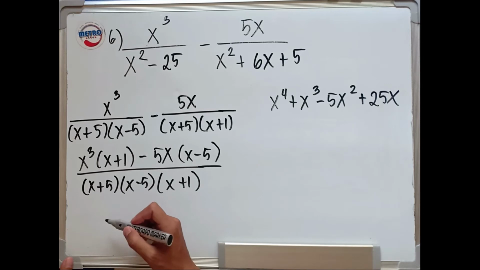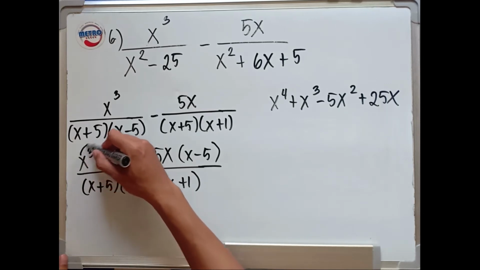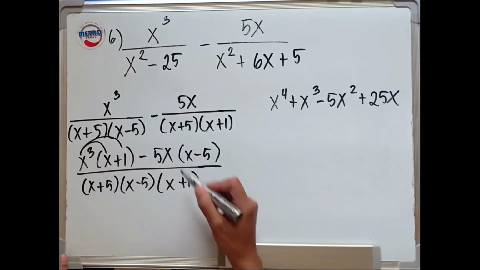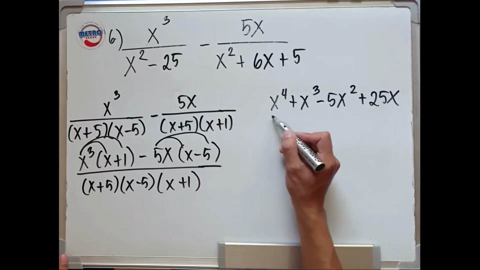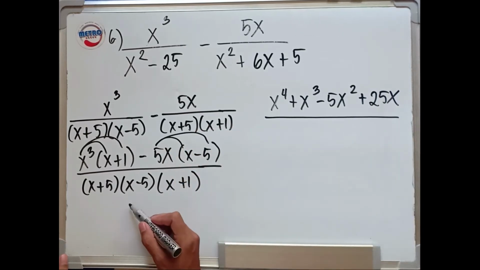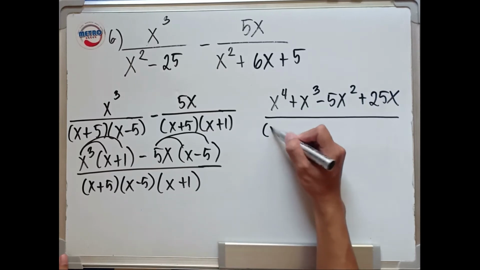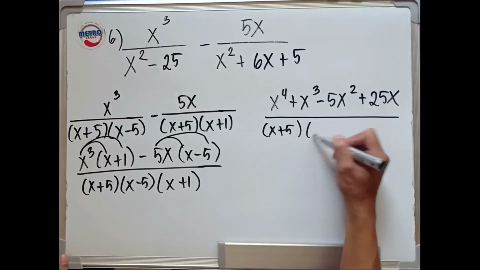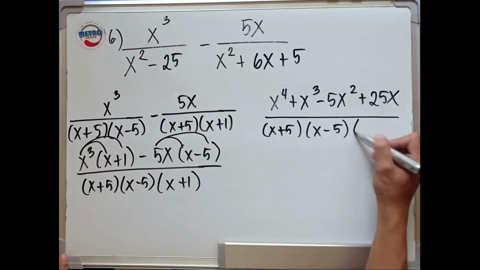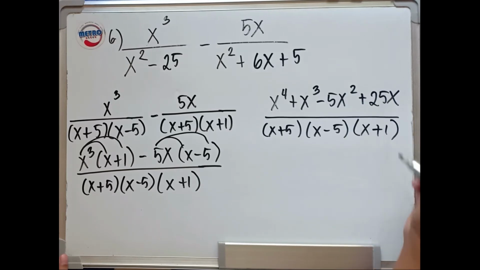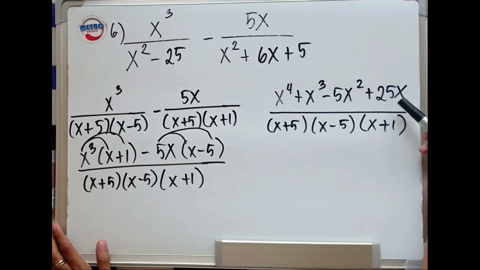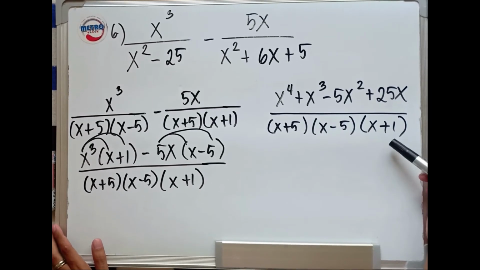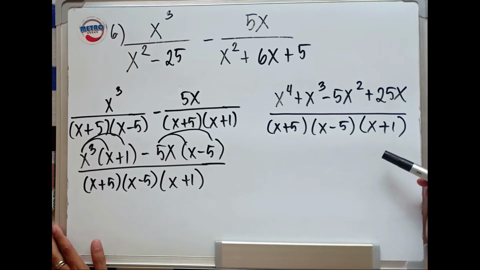So, what you will do when multiplying is just distribute. Negative 5x, you also distribute. Okay? And then, copy the denominator, x plus 5, x minus 5, and x plus 1. If you factor out this numerator and there's no common factor in this denominator, then no cancellation will happen.